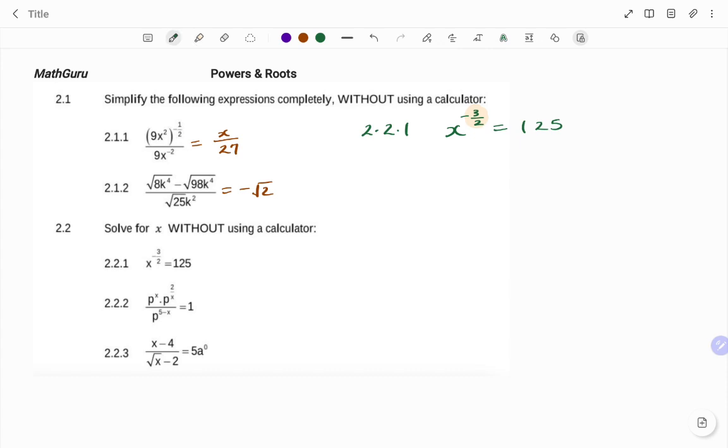So if I multiply by the inverse, I'm going to have x to the power of negative 3 over 2 raised to the inverse, which is negative 2 over 3, equals whatever you do on your left, you do on the right.